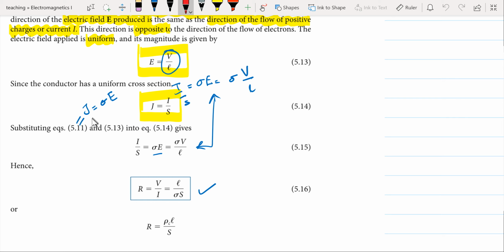Now, from equation 5.11, which says that J is equal to sigma E, and 5.13 that we have just obtained above, we can replace J in this equation by saying that this is equal to I over S. So we have replaced J on the left hand side of equation 5.14 with I over S.